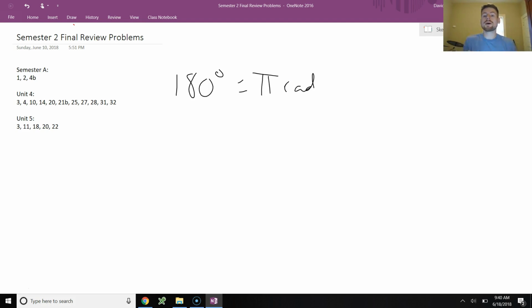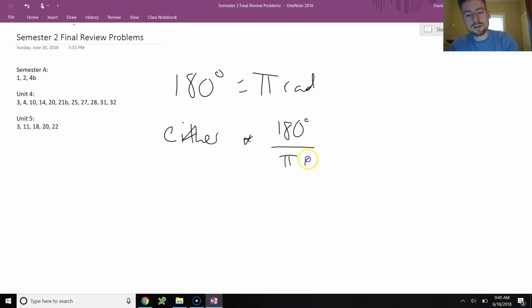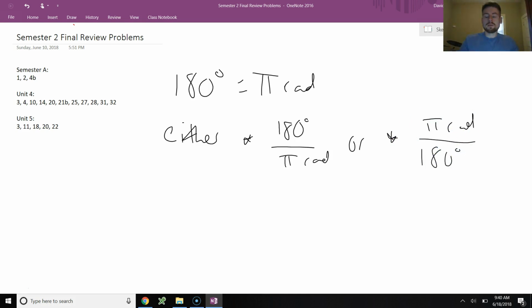You're either multiplying by 180 over pi or multiplying by pi radians over 180 degrees. Whatever units you have, you look for the one that has those units in the denominator, and then those units will cancel and you'll end up with either radians or degrees.